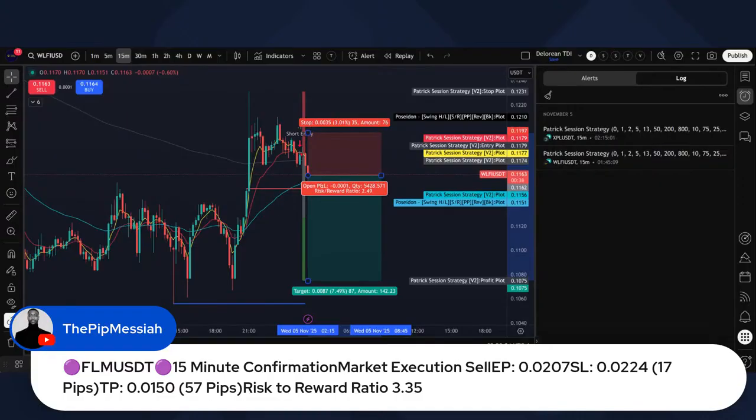It's going to be another 15-minute sell. Risk is 2.49. Entry price is 11.62. Stop is 11.97. That's for 35 pips. Take profit is 10.75. And that's for 87 pips.